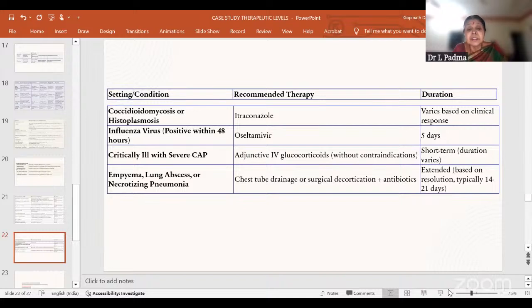In virus, it is oseltamivir, and in critically ill patients, adjuvant corticosteroids. In certain cases like necrotizing pneumonia or abscess, we have to do tube drainage, surgical decortication, and antibiotics, where based on the resolution, we have to extend it for 3 to 4 weeks also.